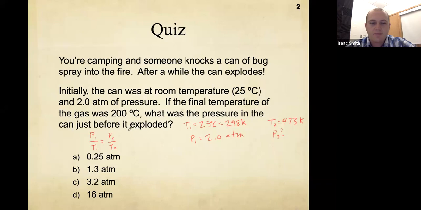Okay, so we're solving for P2. If we rearrange this equation, we multiply both sides by T2, and we get T2 times P1 over T1 equals P2. So if our temperatures are in Kelvin, then we can just plug this into our calculator and get an answer, right?